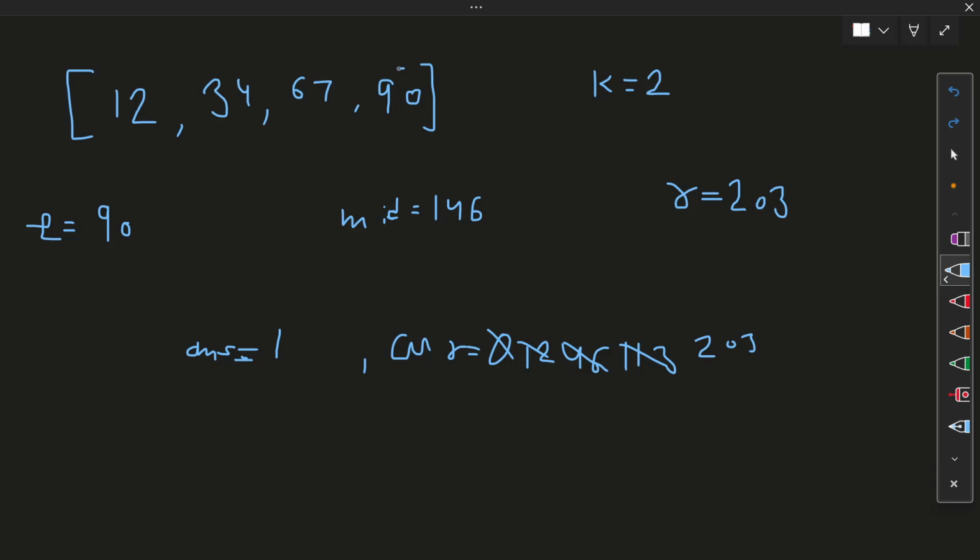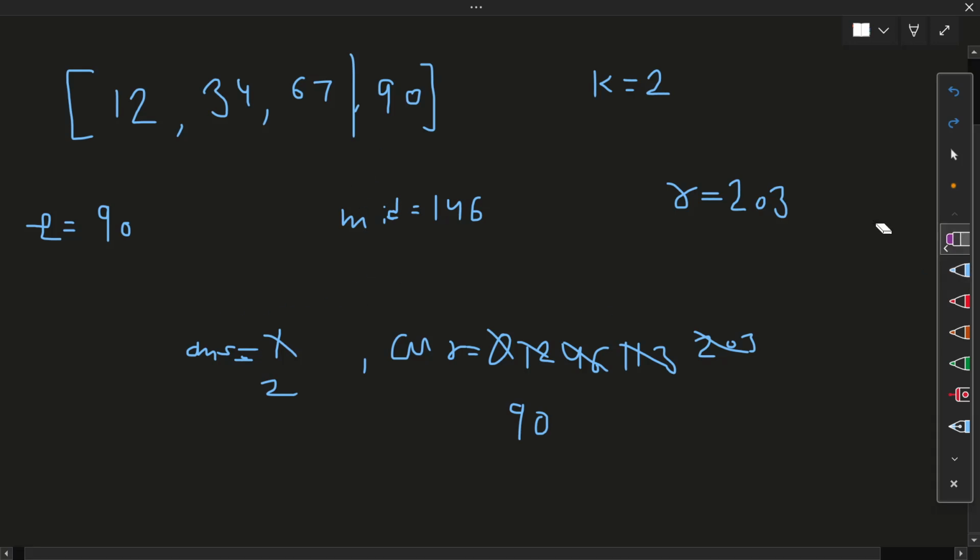We need one more person to read this book. So the answer is 2. And the second person will read 90. He will read this book which contains 90 pages, and one person at max can read 146 pages. He cannot read more pages.